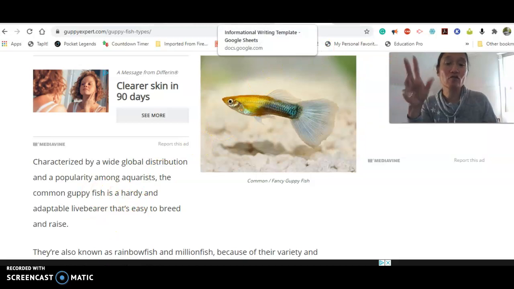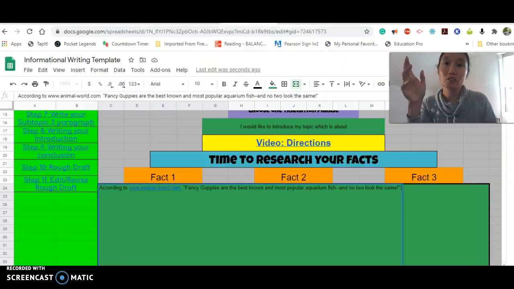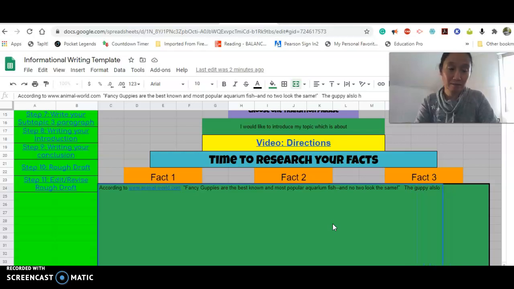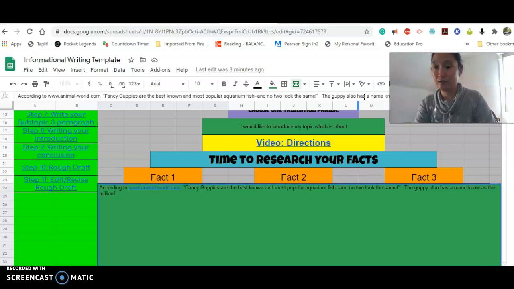They're known as the rainbow fish or the millionfish. Okay, so I think we need to put a few facts like that in there. The guppy also has a name known as the millionfish.